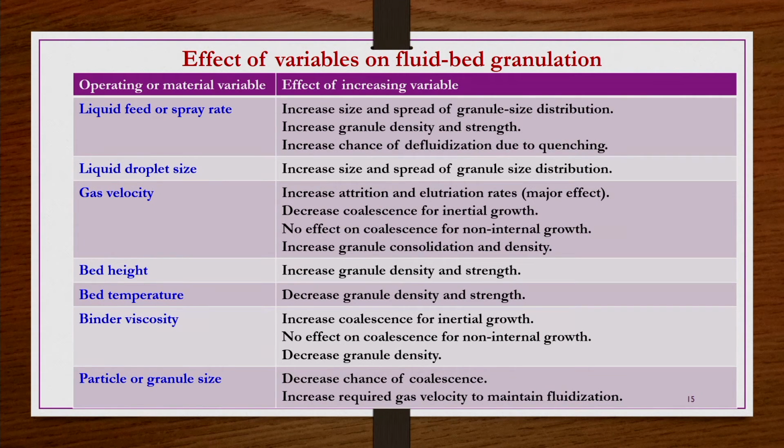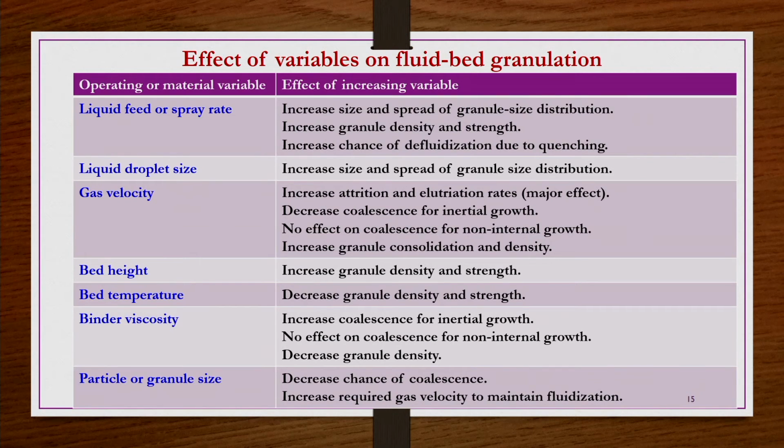Then liquid droplet size. When you are spraying these liquids required for granulation, they form droplets. The size of the droplet depends on the nozzle opening of the sprayer or the atomization that we use for the spraying, and then the rheology, especially the viscosity of the liquid.